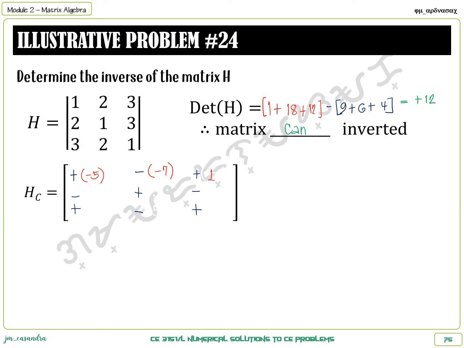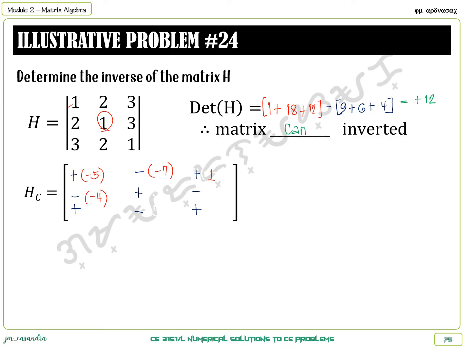So second row, we have 2, 1. So we'll have 2 times 1 minus 2 times 3. So that is equal to negative 4. Next, 2, 2.